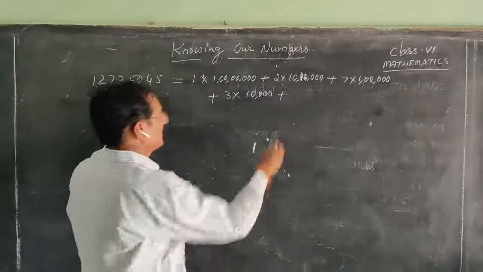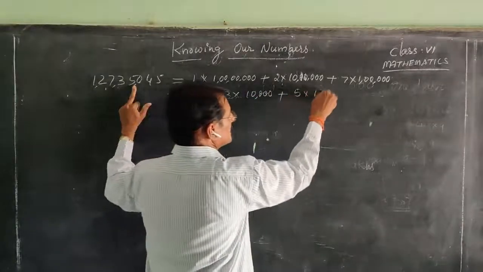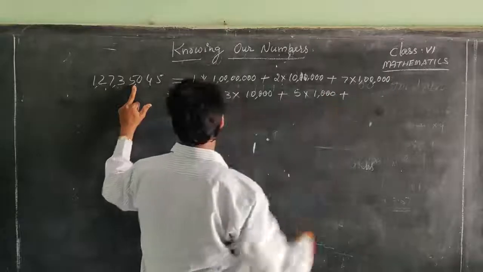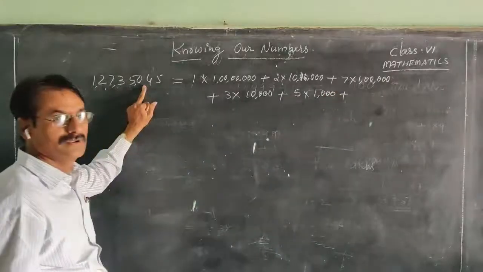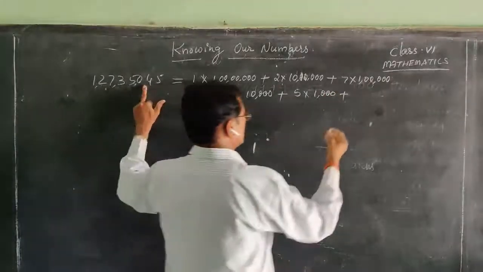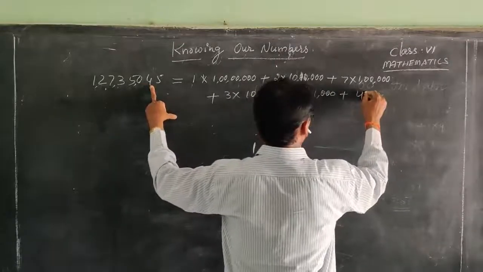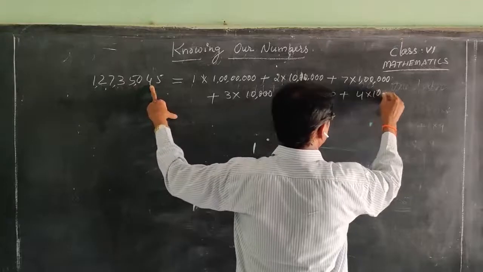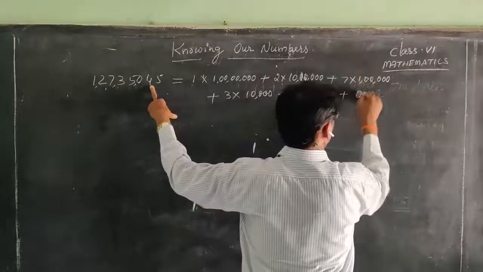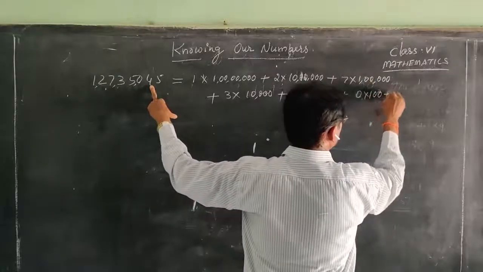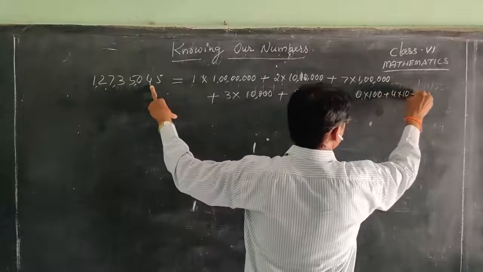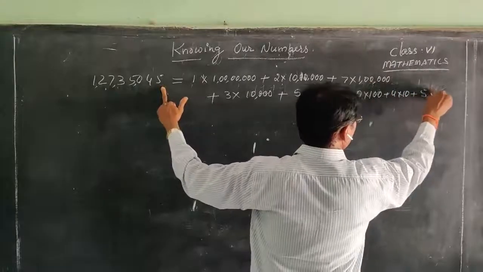Plus 5 in thousands place. Plus 0 in 100 place. Yes, we can't write that one. Plus 4 in tens place. Plus 5 in ones place.